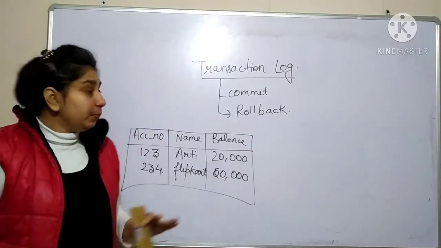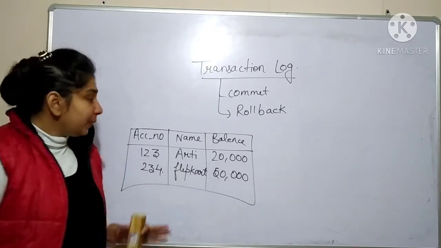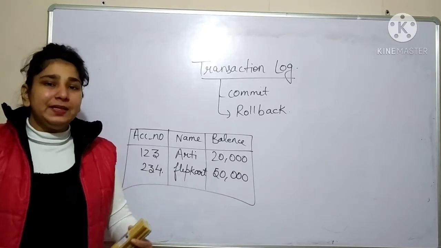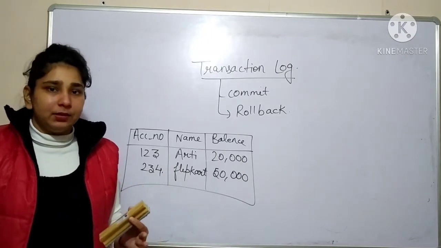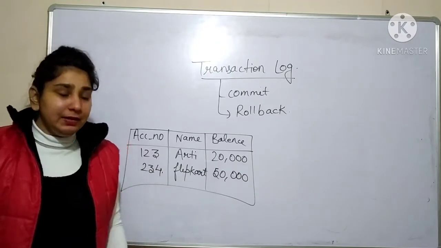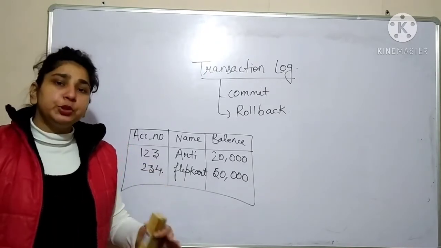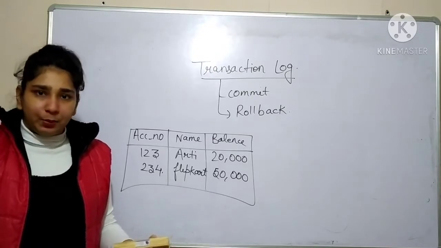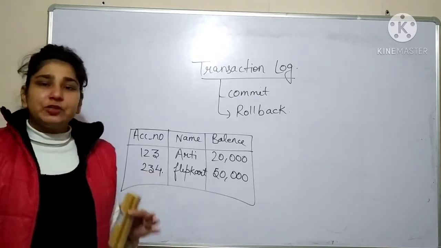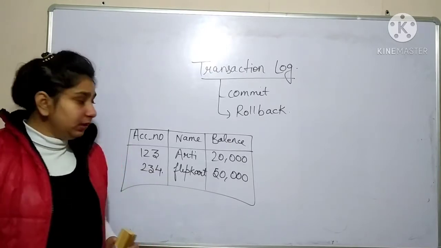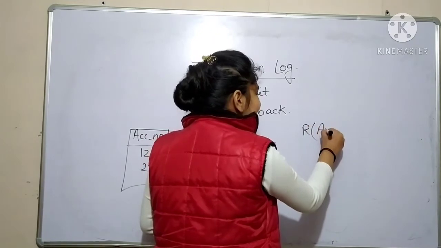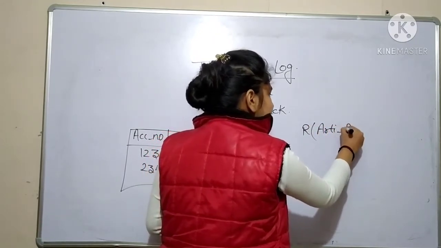So what I want to do is this: I purchased some item worth, let's suppose, 2,000 rupees, and I want to do an online payment from my account to Flipkart's account. So what set of instructions will I be executing? Firstly, I am going to read the balance amount of Aarti.